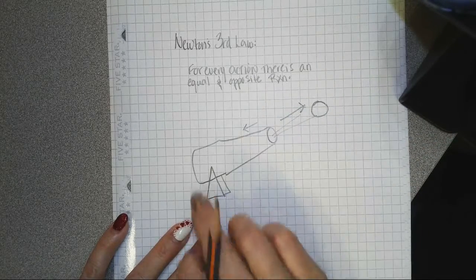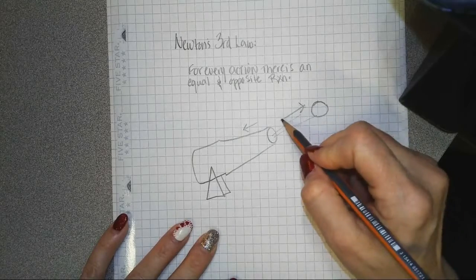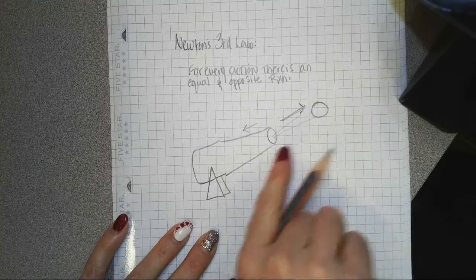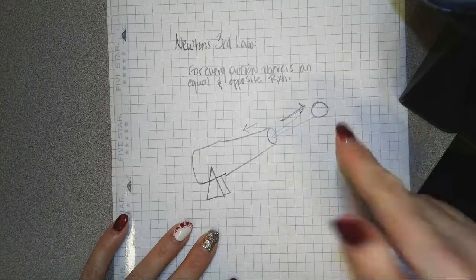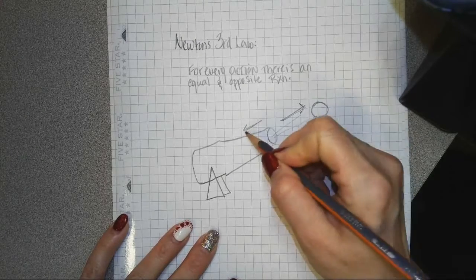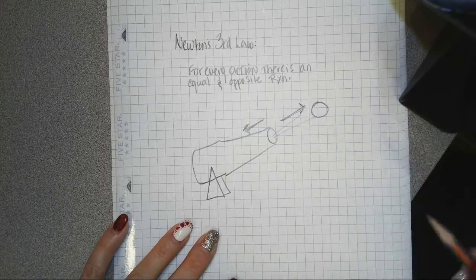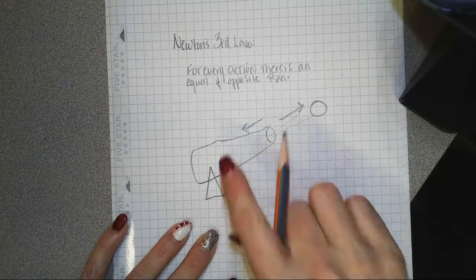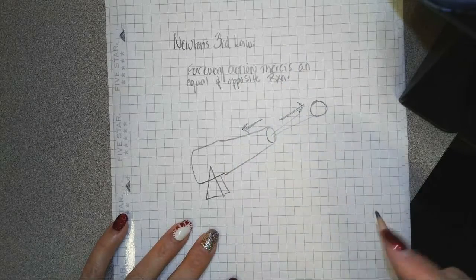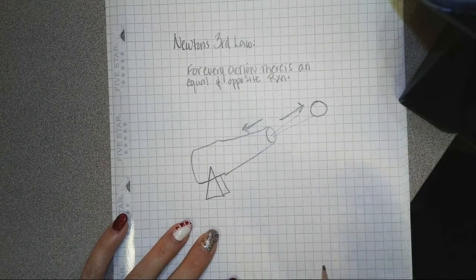The cannon itself is going to go backwards. The action in this case is the cannonball coming out of the cannon, and the reaction is the cannon moving in the opposite direction. According to Newton's third law, the forces are equal and opposite.